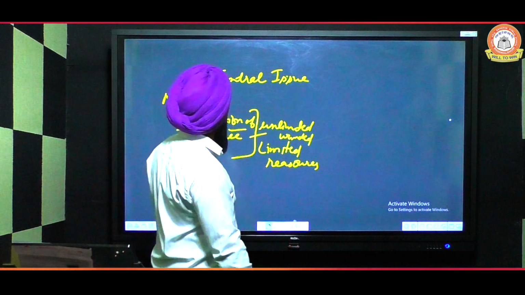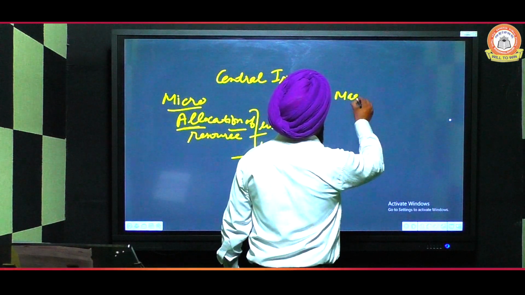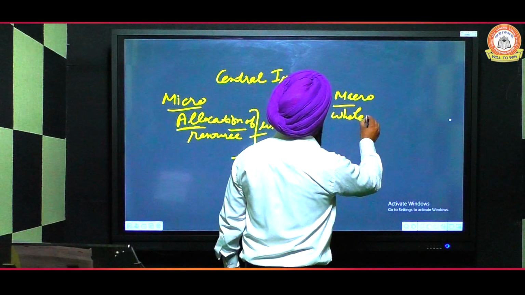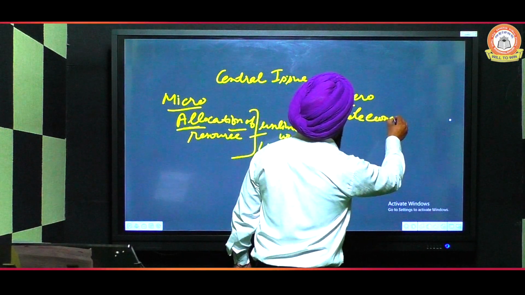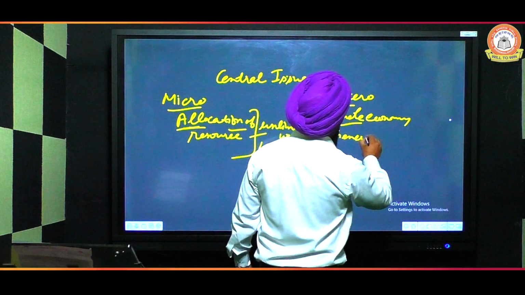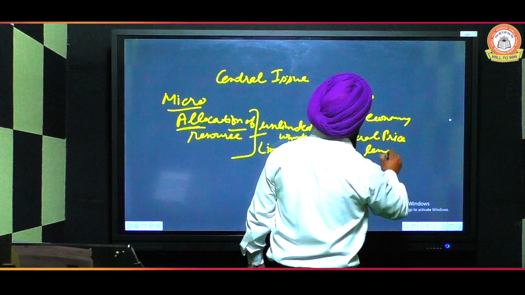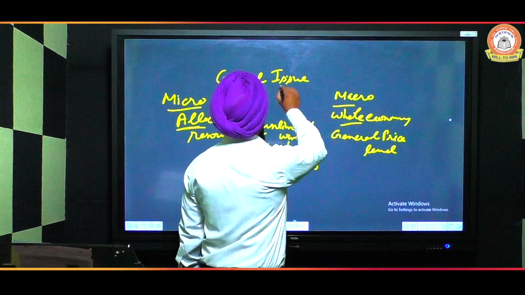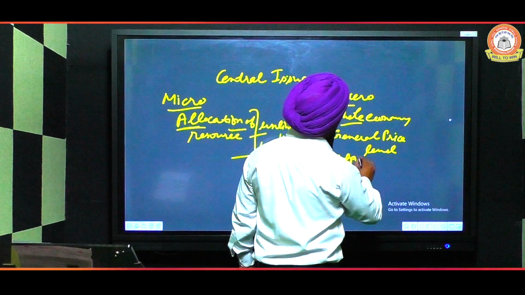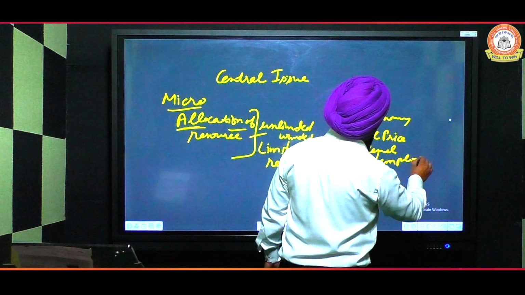While the central issue under macro deals with the whole economy, we can call it the general price level, and output and employment equilibrium.